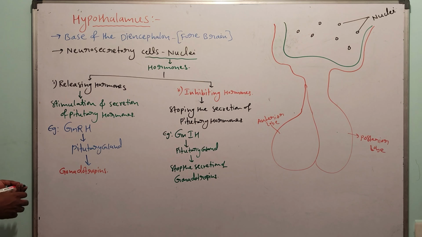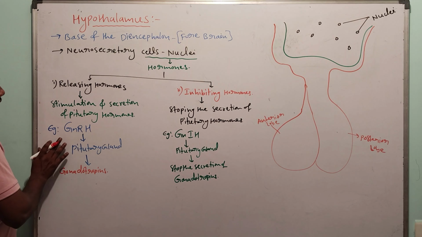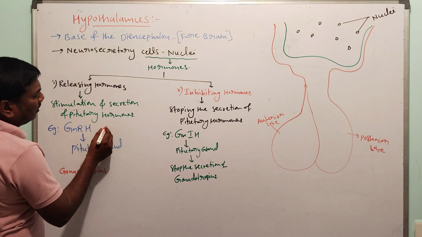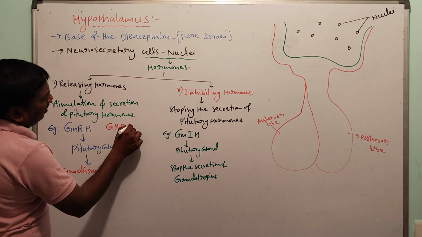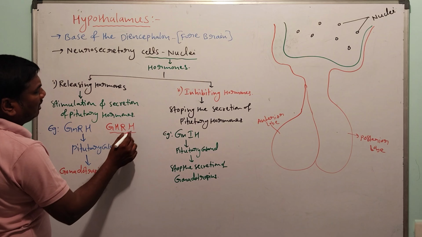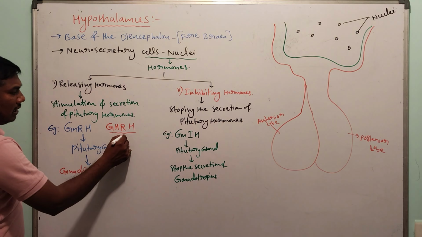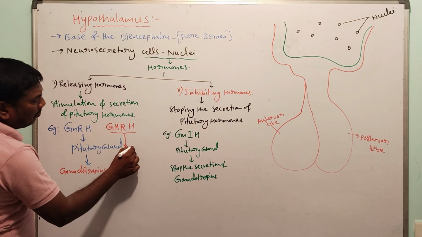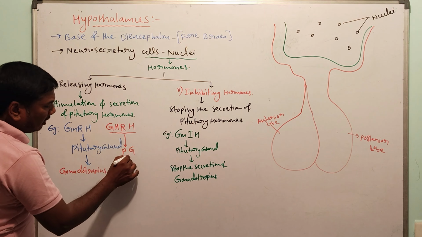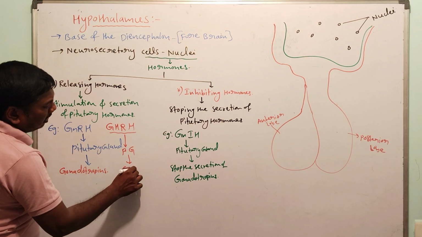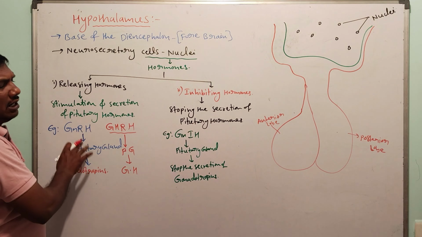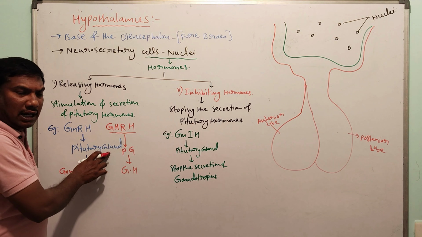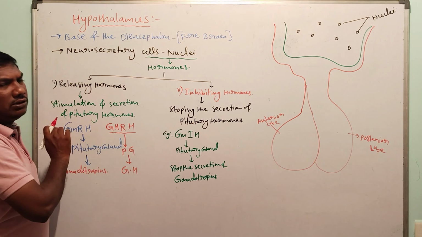Another example of a releasing hormone is the growth hormone releasing hormone. This hormone enters into the pituitary gland, and the pituitary gland produces the growth hormone.